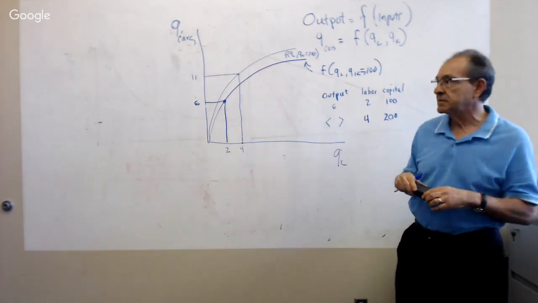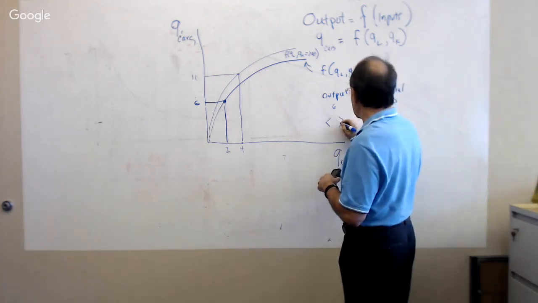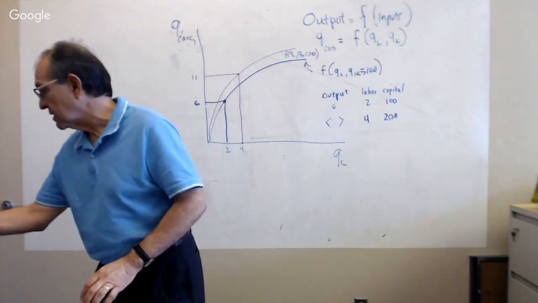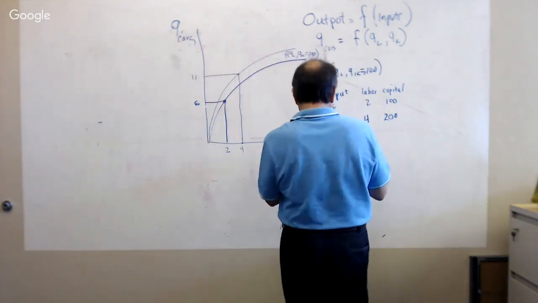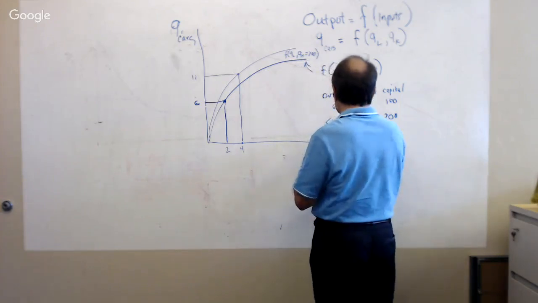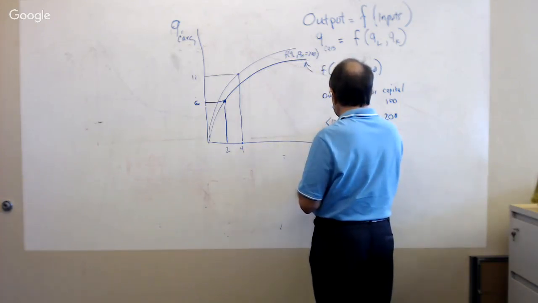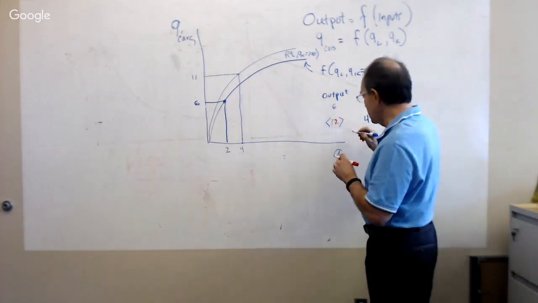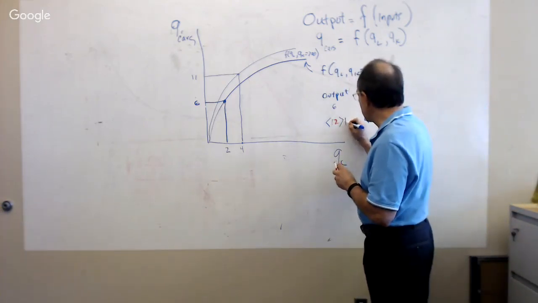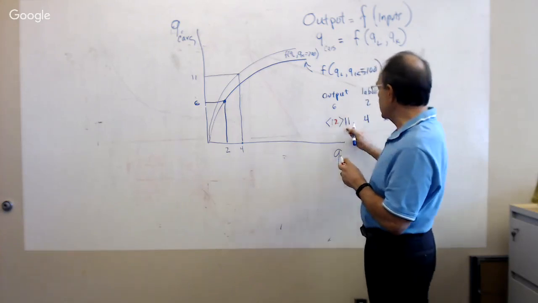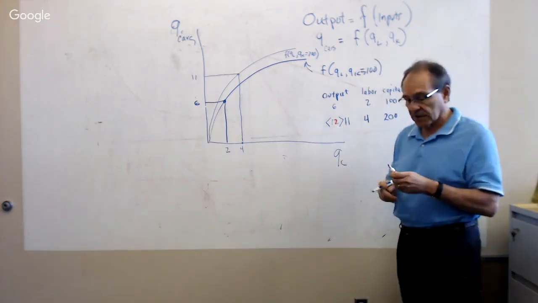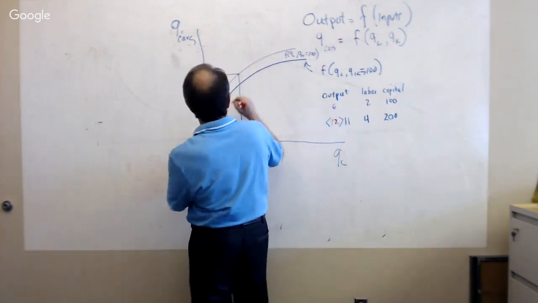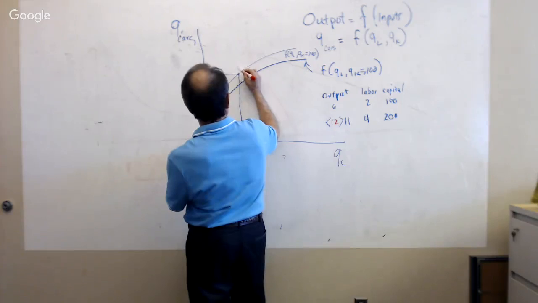I'm going to put 12 as the benchmark for constant returns to scale, but instead I actually got 11. So constant returns to scale would have been right there.